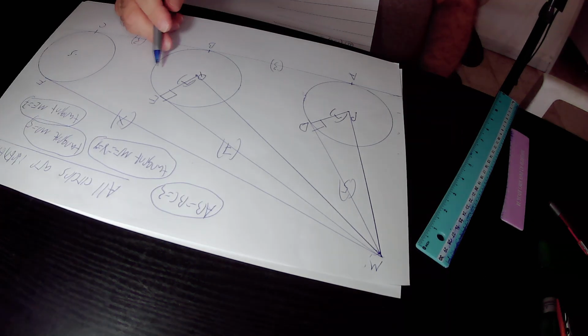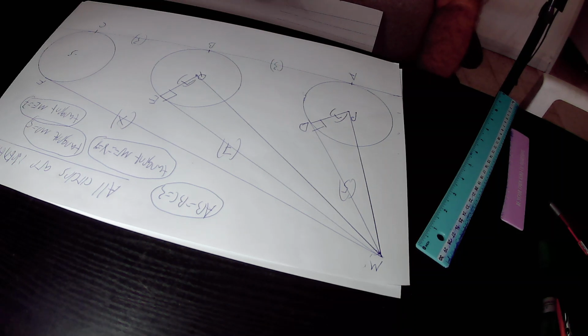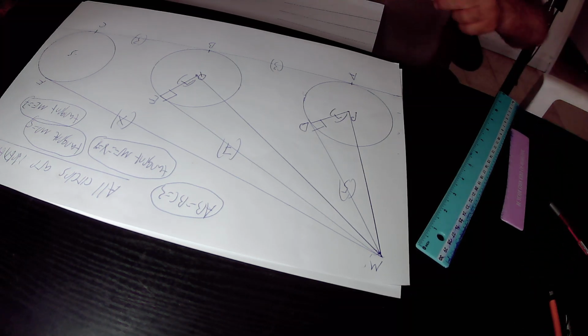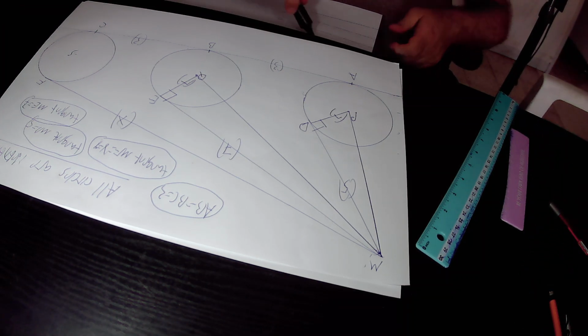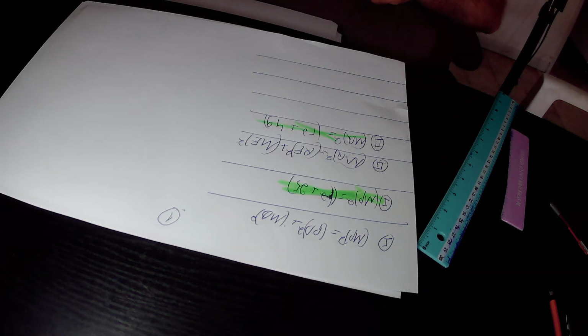QE is R, therefore QE squared is R squared, plus ME squared. ME is 7, therefore ME squared is 7 squared, that is 49. So in total, according to equation 2, we found out that MQ squared equals R squared plus 49.